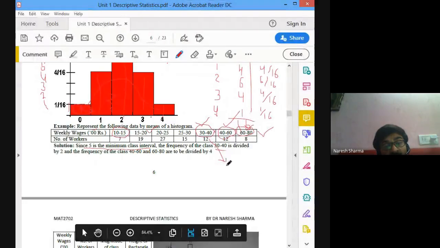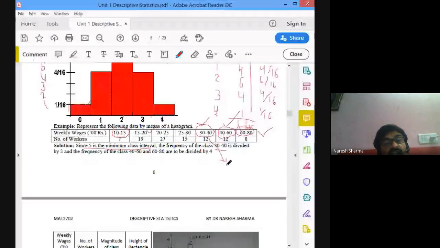If it is 12, we divide it into 6 and 6. Similarly, here we divide into 4 parts, so we divide this into 4, that is 3. Here also dividing by 4 gives 2.